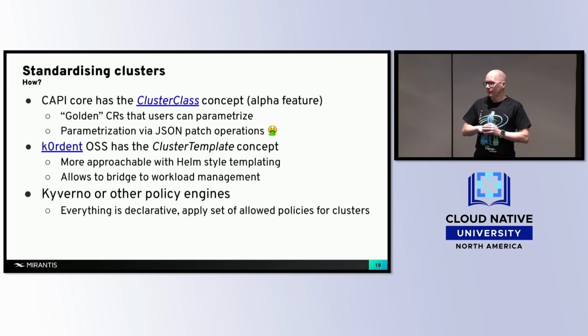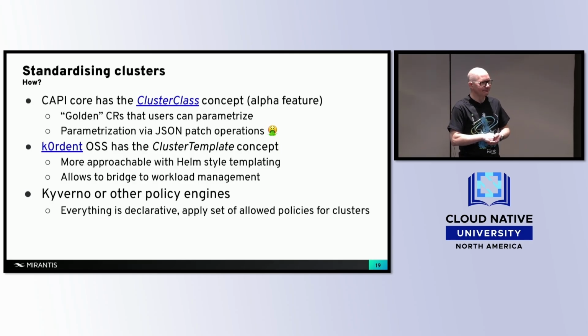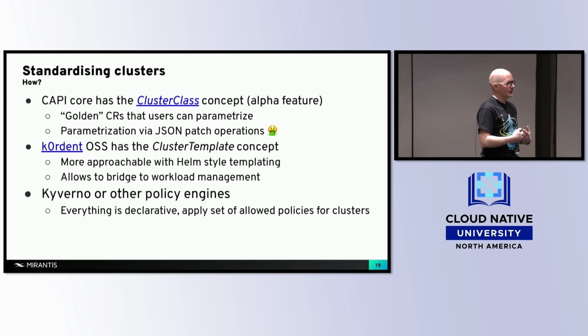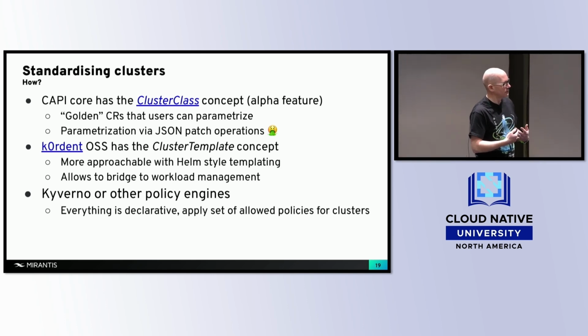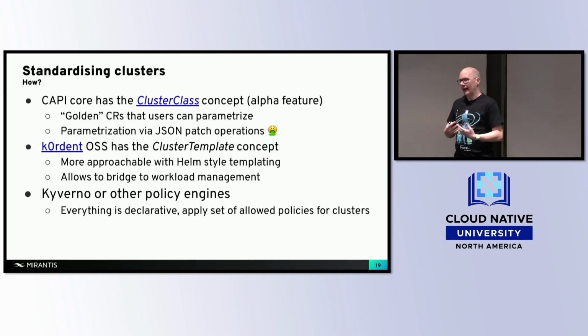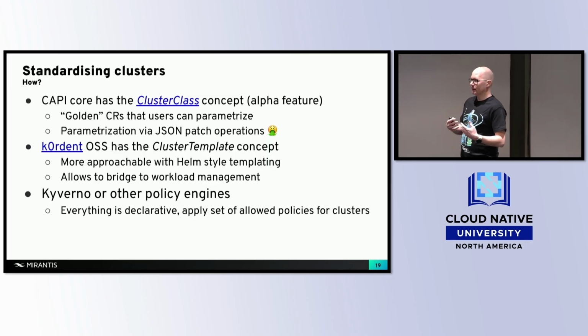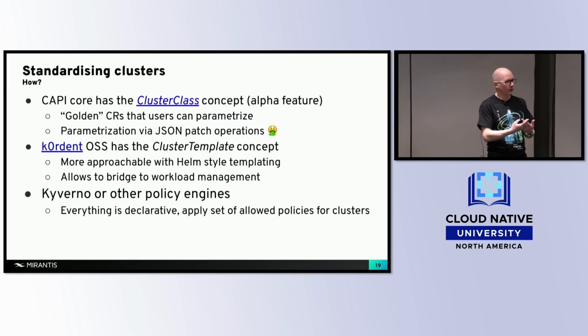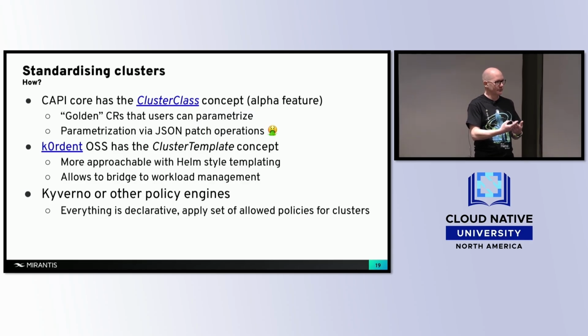Cluster API, at its core, has a concept called a cluster class. Think of a cluster class as a set of golden custom resources that define a cluster. What you can do with cluster class is instantiate those golden custom resources into a cluster.